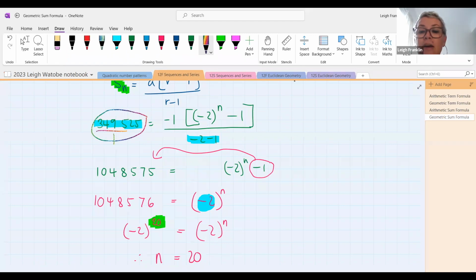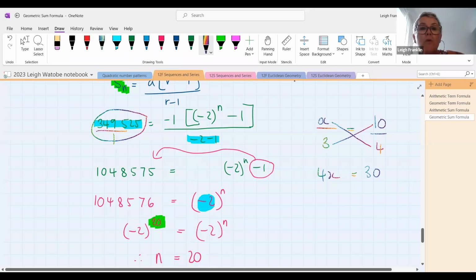So if I have something like x over 3 equals 10 over 4, a fraction equals a fraction, I can cross multiply. It's like multiplying both sides by both denominators. So 4 times x is 4x and 3 times 10 is 30. That's what happens when I cross multiply.